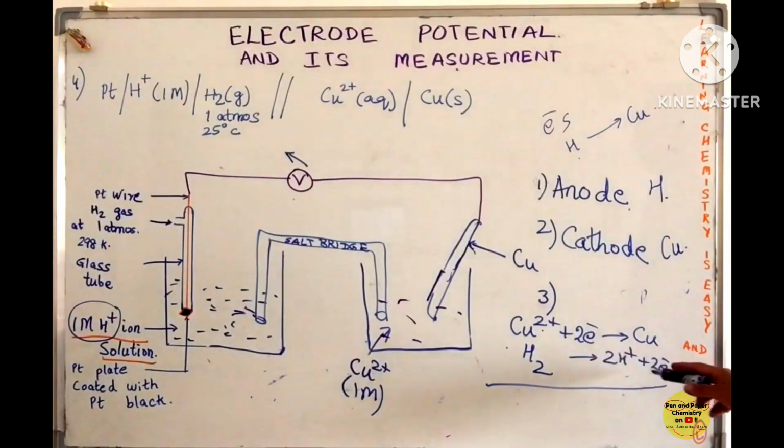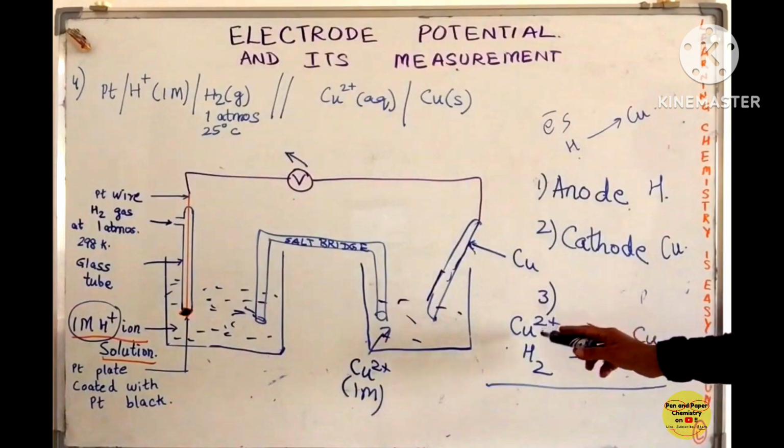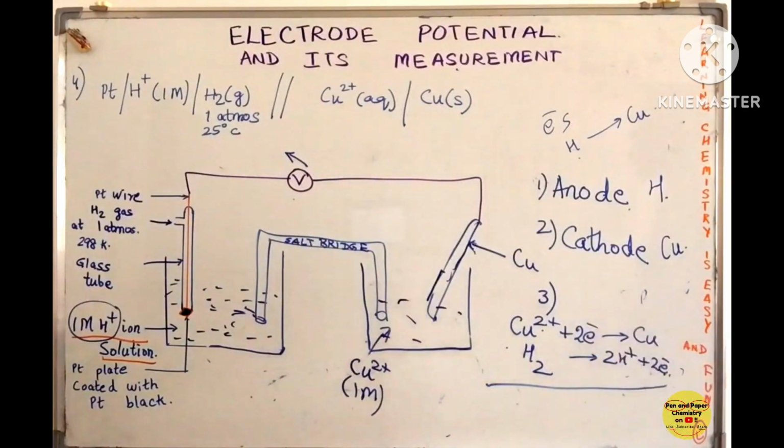So hydrogen loses electrons and copper is smart and it picks up the electrons. In other words, reduction is taking place at the cathode, oxidation is taking place at the anode, right? So cathode is our copper, anode is our hydrogen.